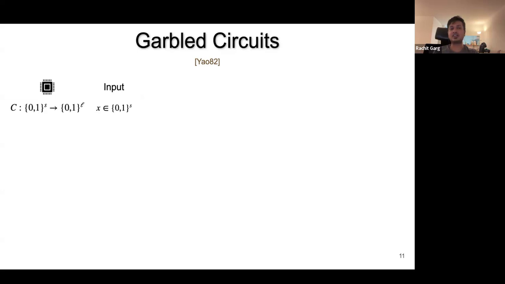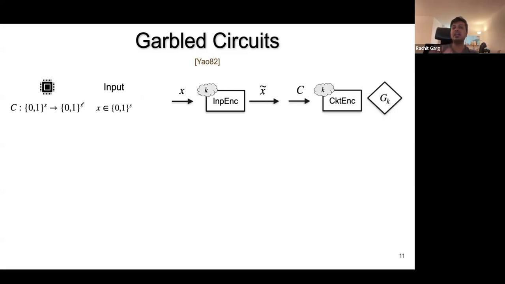This gadget in our construction will just be a garbled circuit. What is a garbled circuit? So given a circuit C and some input X, the circuit C is mapping from S to L bits, and the input X is on S bits. There are two algorithms, an input encryption algorithm and a circuit encryption algorithm. The input encryption algorithm takes some symmetric key K and encodes the input from X to X tilde.